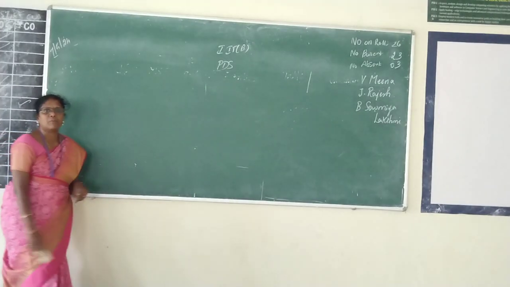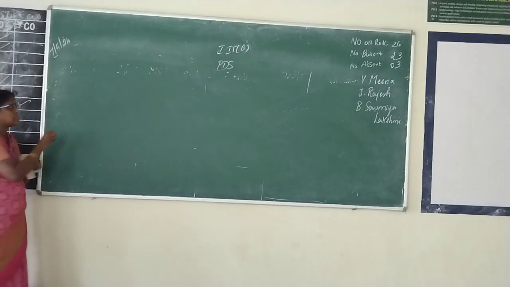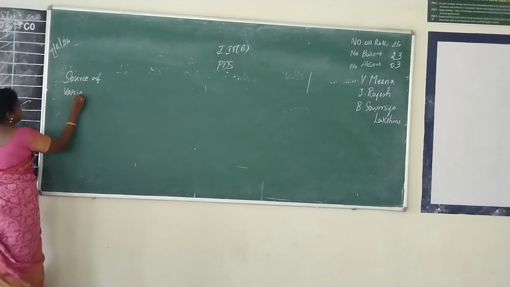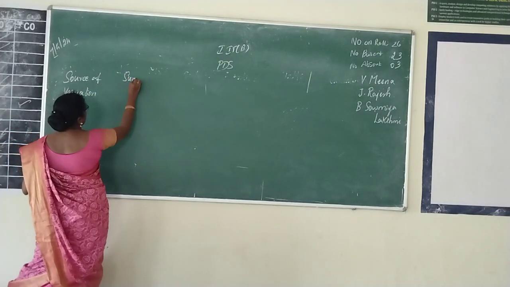Tell me the column headers. What is the first column? Source of variation. Try to memorize it as we write. Next column, sum of squares.